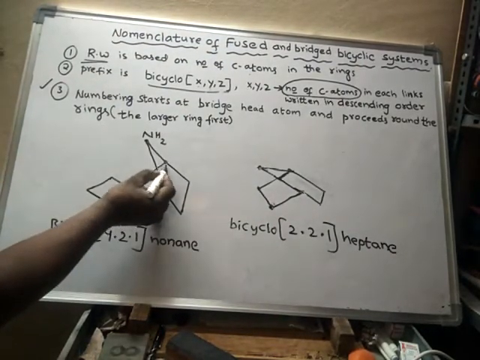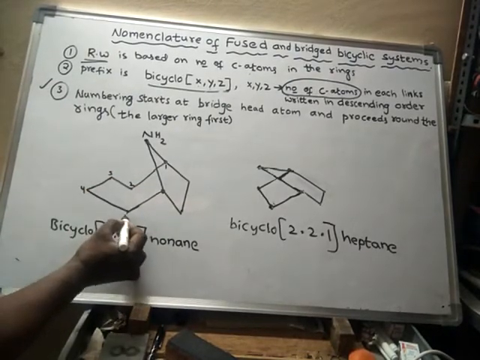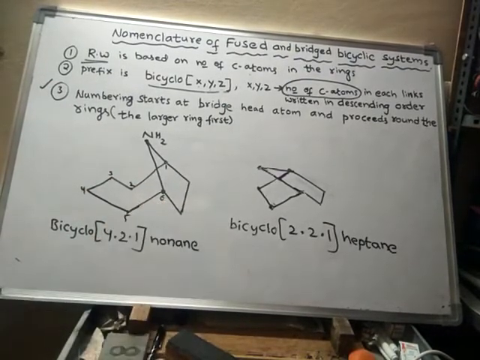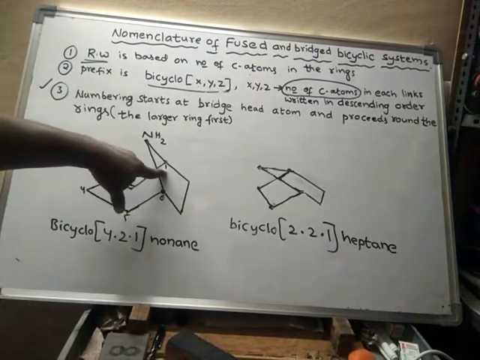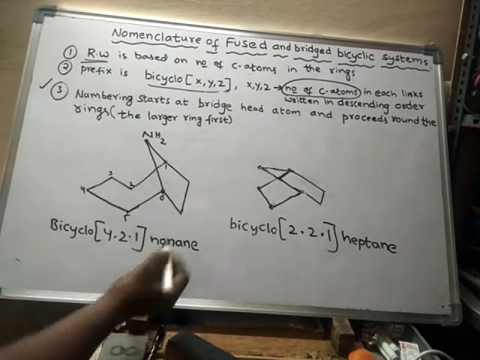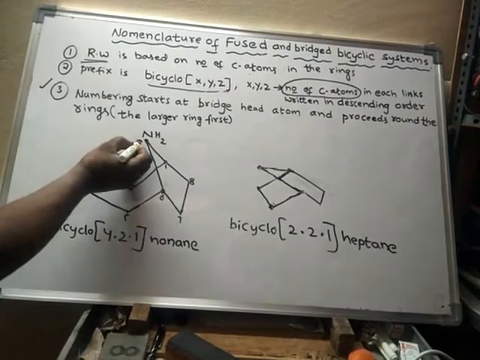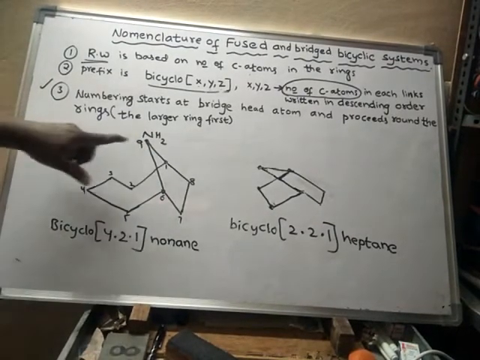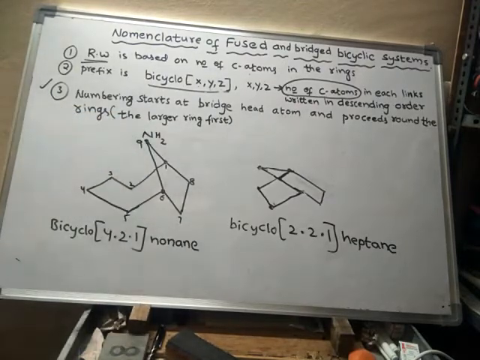So this is the first carbon, second, third, fourth, fifth, and the larger link should start from a bridged carbon and end with a bridged carbon. So now this will become the 7th, this will become the 8th, and this will become the 9th carbon. So on the 9th carbon there is the functional group.